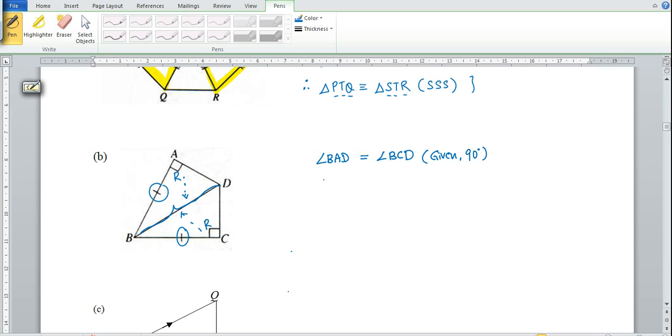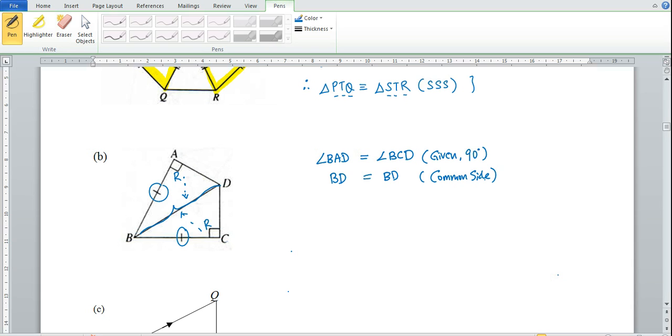So according to the diagram, BD is equal to, on the other triangle, it is also called BD, B matches B, D matches D. It's okay to write this, because whatever is on this side is one triangle, whatever is on this side is the other triangle, and both of them have BD, and we call this the common side.